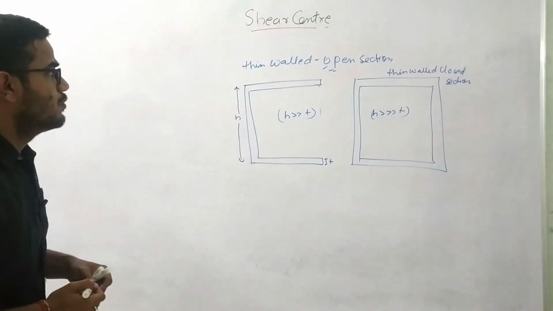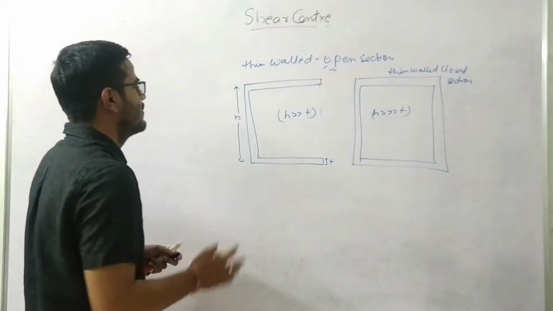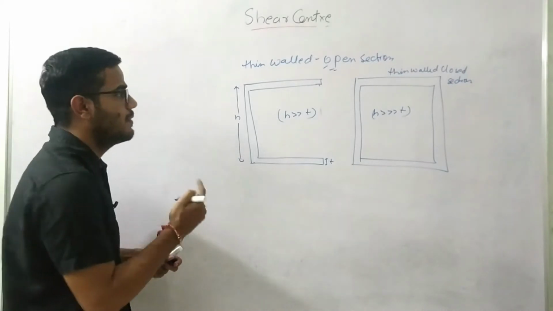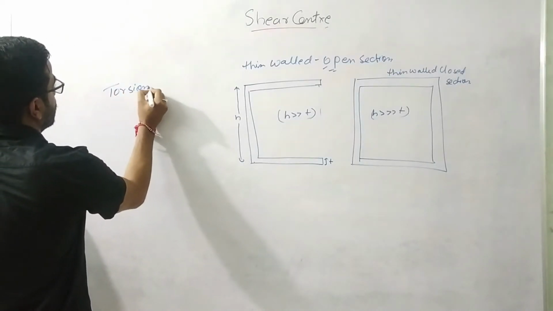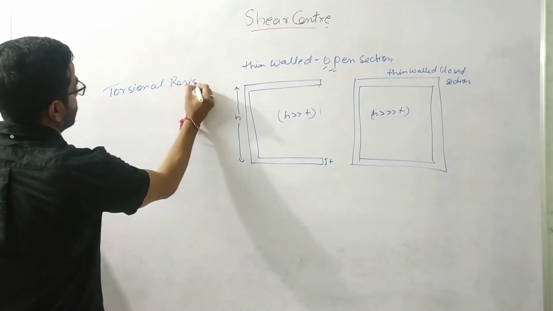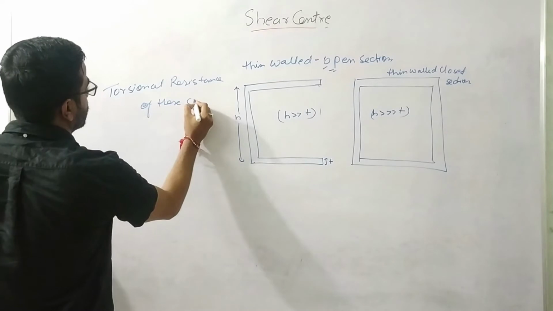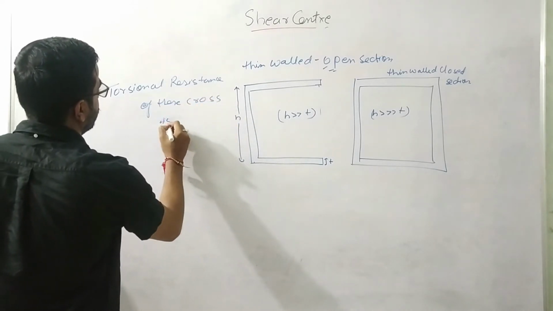So in this type of cross section, the torsional resistance is very less.